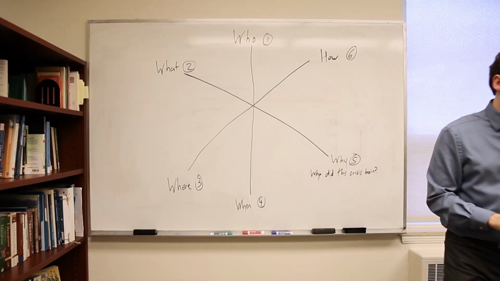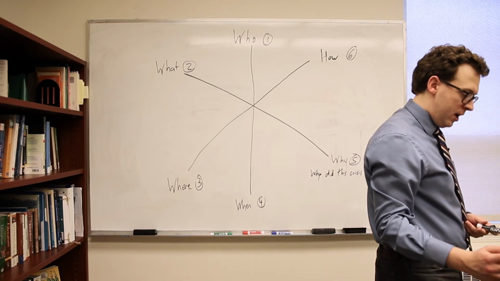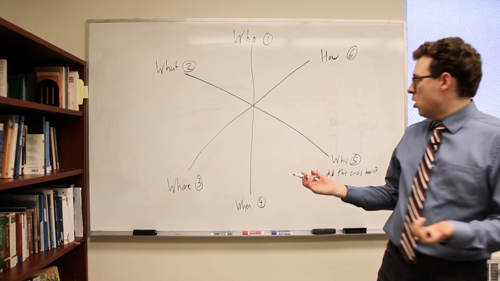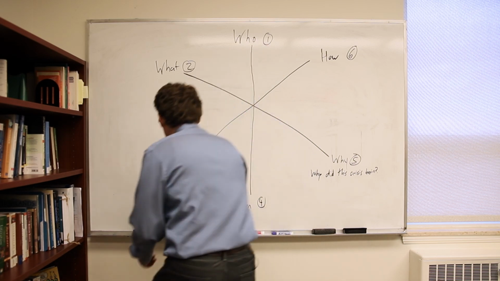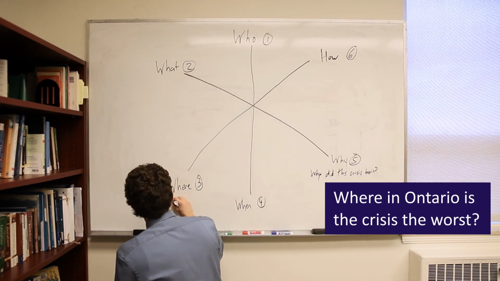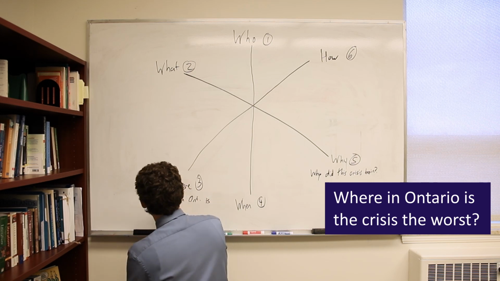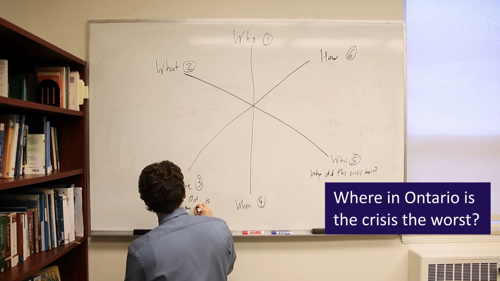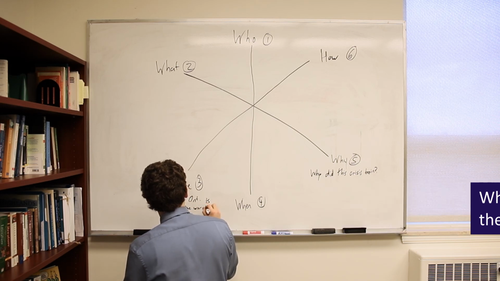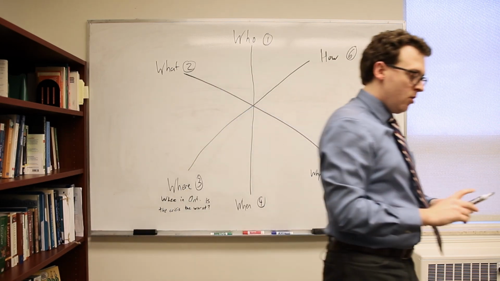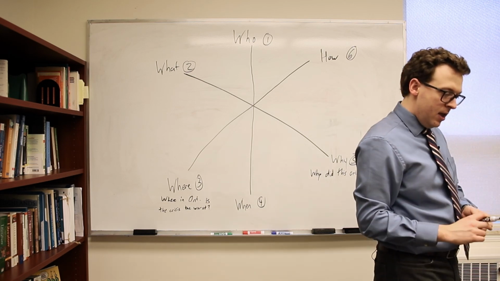Sure, okay, and now let's roll again. We'll try another one. This time we got a 3. Where? So maybe we do something like, where in Ontario is the crisis the worst? And then we can go ahead and roll it another time. And we got a 1.